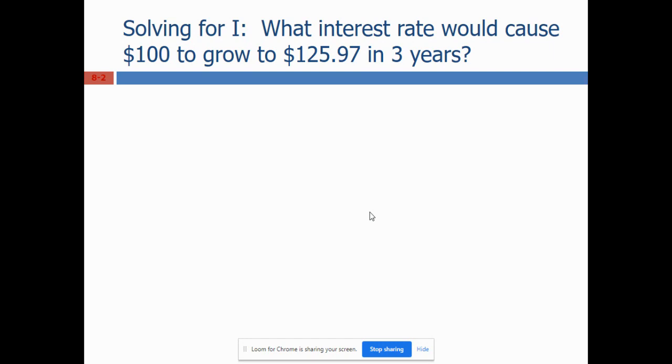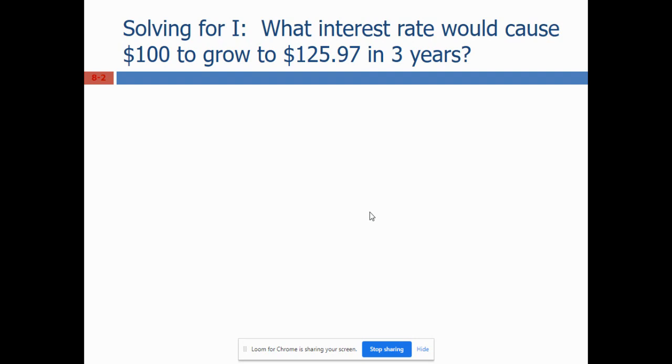Then you need to identify what they are looking for. The question asks what is the interest rate, so they are looking for the interest rate. As I said, you have only 5 different values: present value, future value, present value annuity, future value annuity, and also the PMT or annuity.